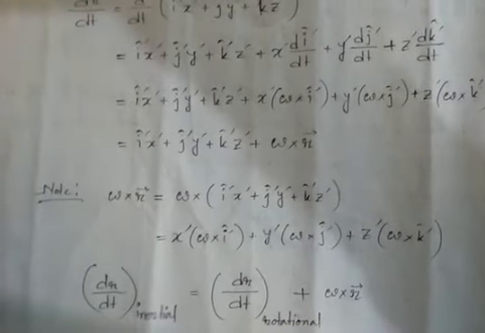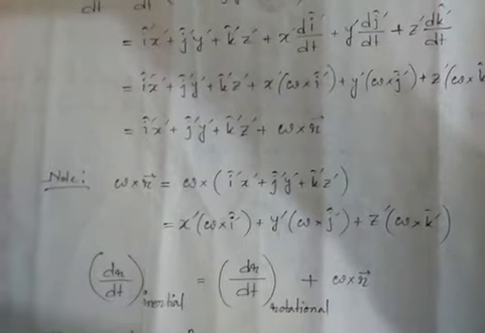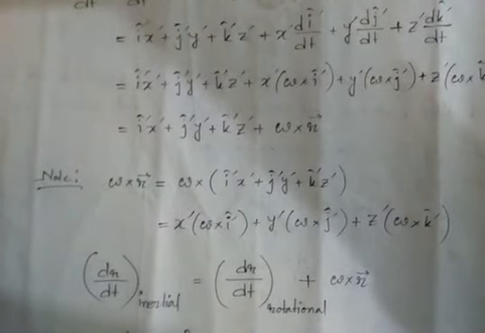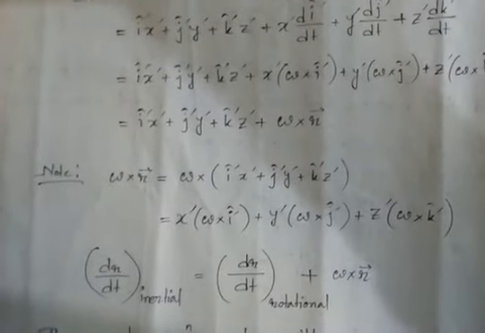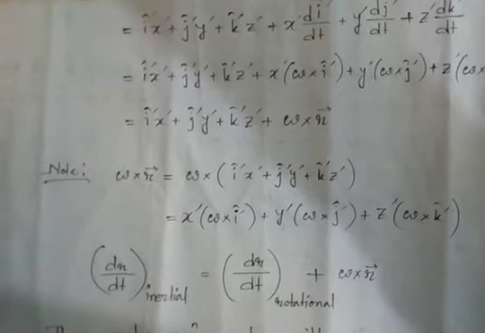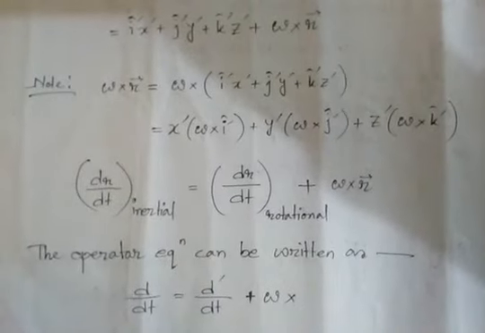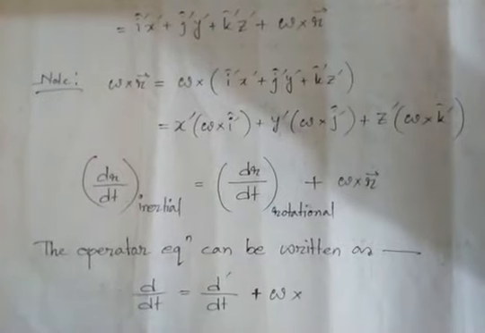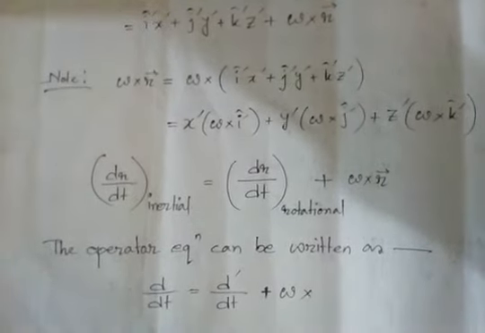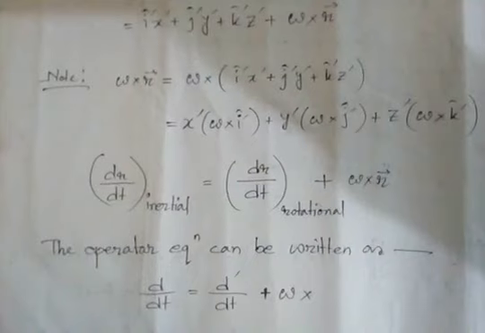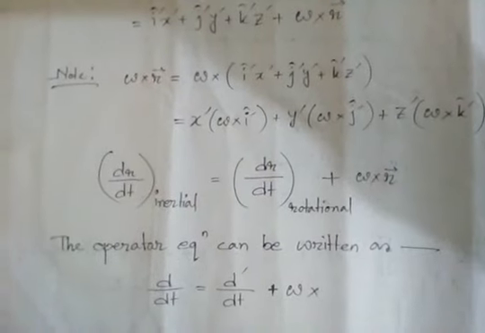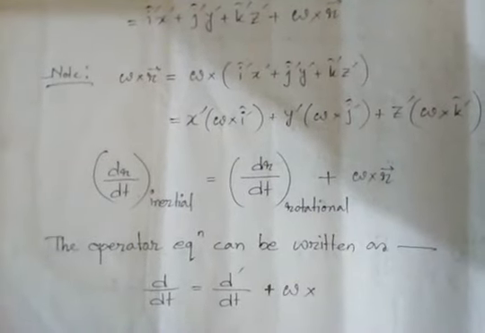So we may write dr by dt for the inertial frame equal to dr by dt for the rotational frame plus omega cross r. From this expression, the operator equation can be written as d by dt equal to d dash by dt plus omega cross.